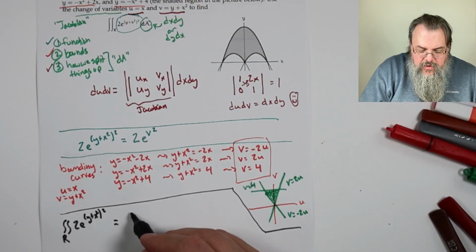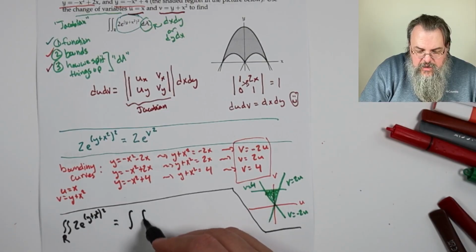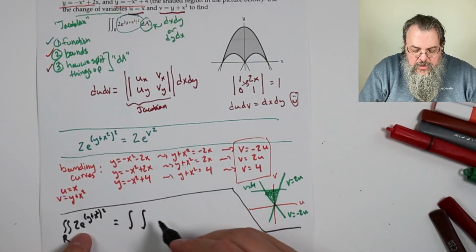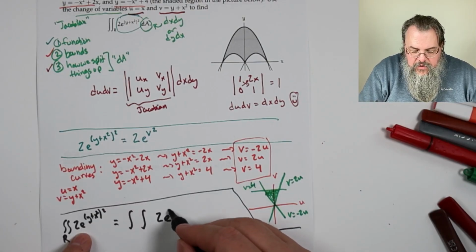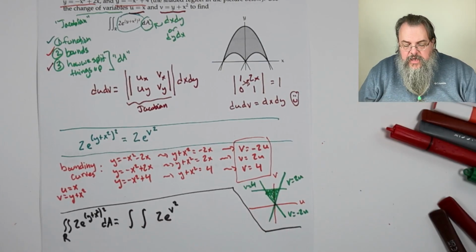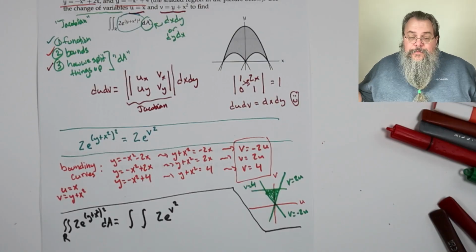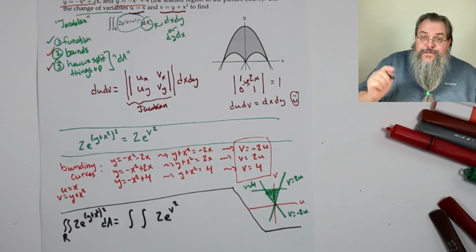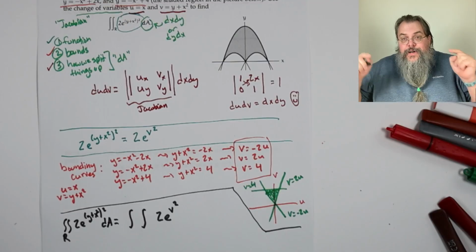Okay, it becomes the integral of the function, which will be 2e to the v squared. And I forgot to write down dA. I'm going to write down dA. And now we have to make a choice. Do we do du dv or dv du?